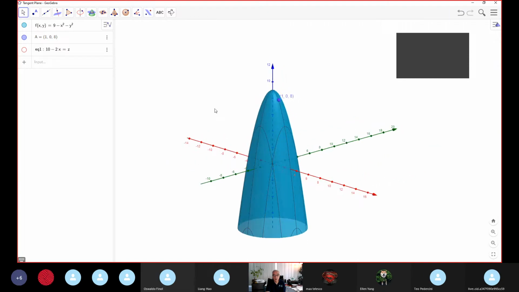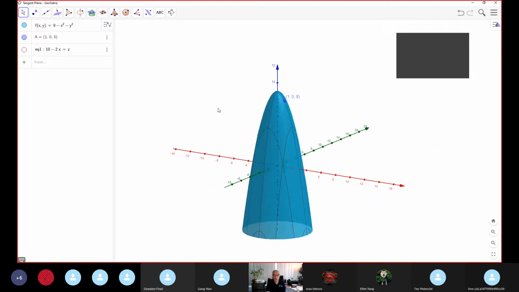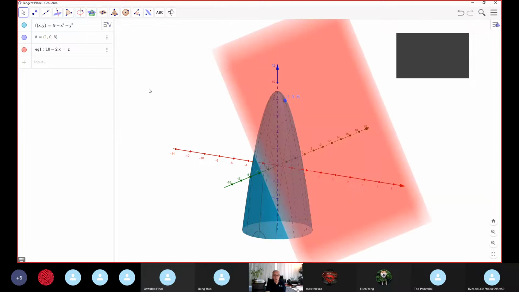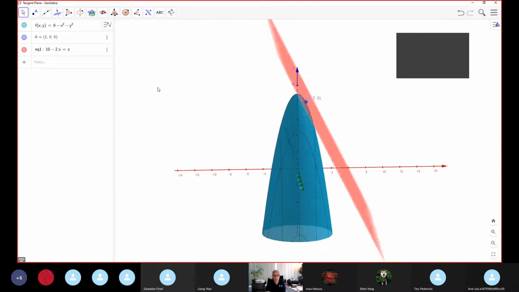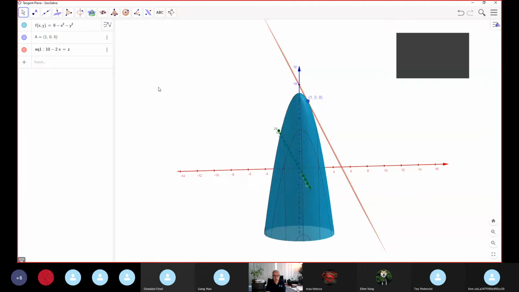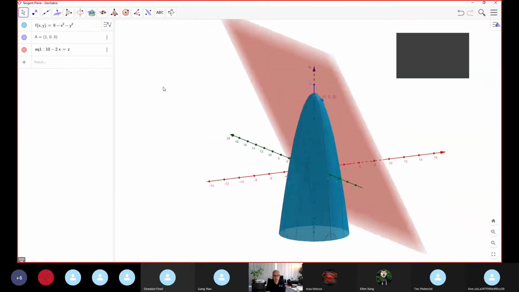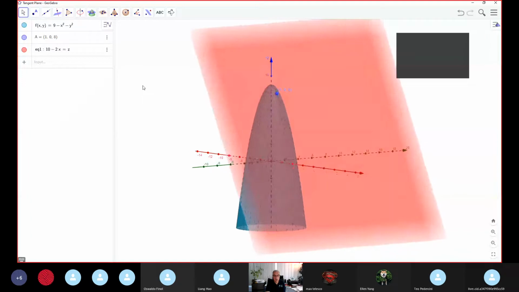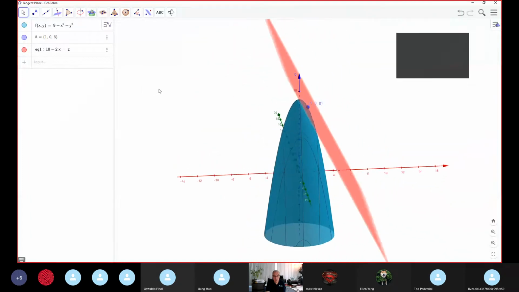And our goal was to determine the linear approximation, to get the tangent plane at this point. I did that analytically on the paper. Now I plot this to verify the tangent plane. Cool. Do you see? Guys, it's a fantastic way.